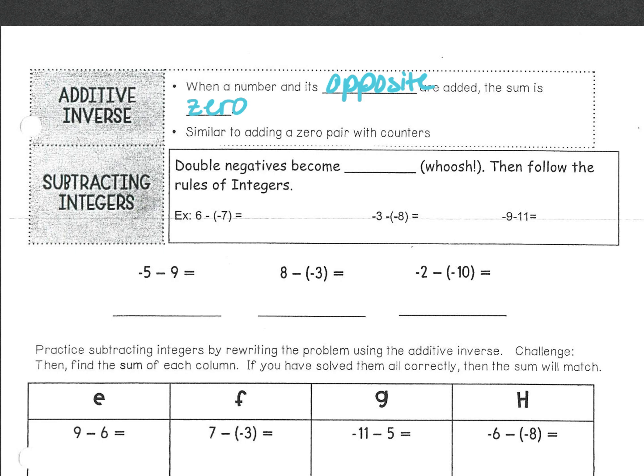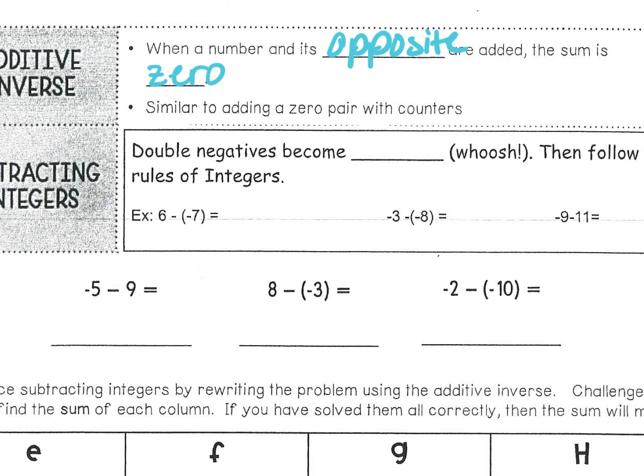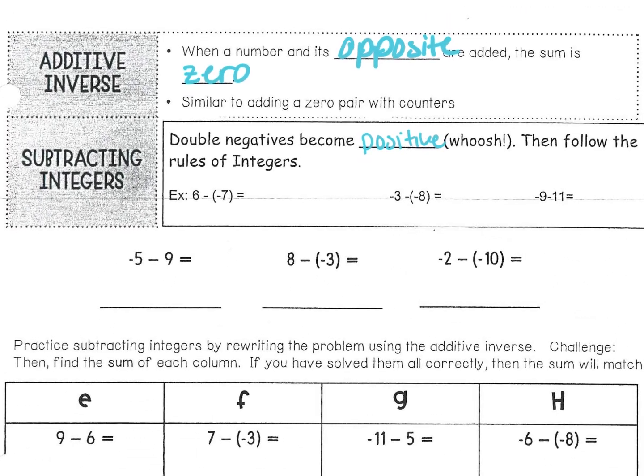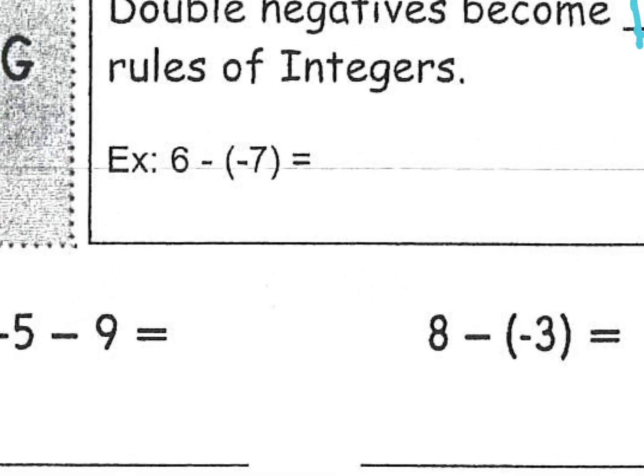Now let's talk about subtracting integers. So double negatives become a positive, or adding here. So we call this the whoosh method. Now, if I have a minus a negative, they just don't work together.